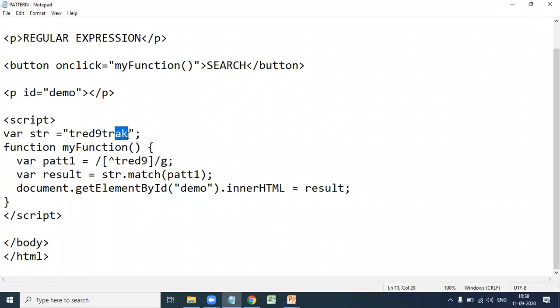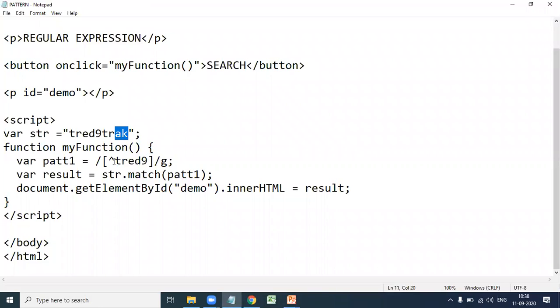The remaining characters are A, K, so the output is A comma K. So a circumflex inside the square bracket takes all the characters except these ones, and matches A comma K.